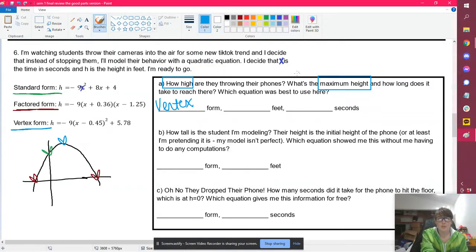So when they're asking for the highest height of anything, we want to use the vertex.